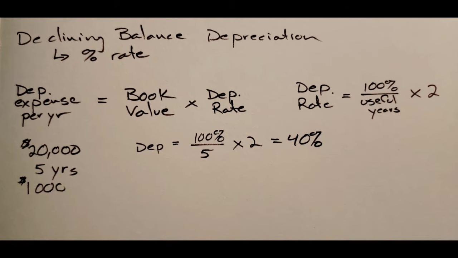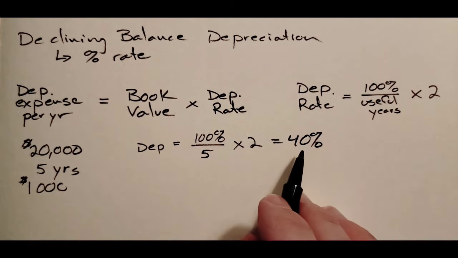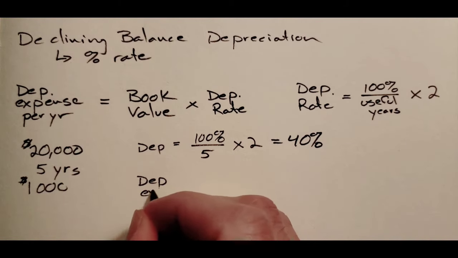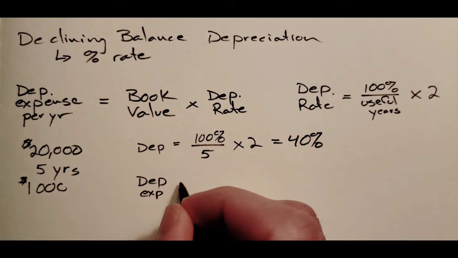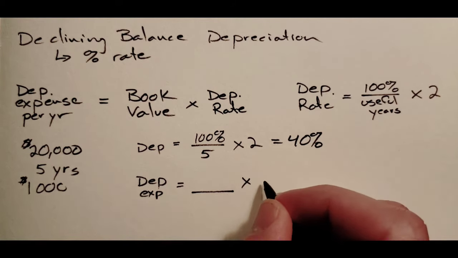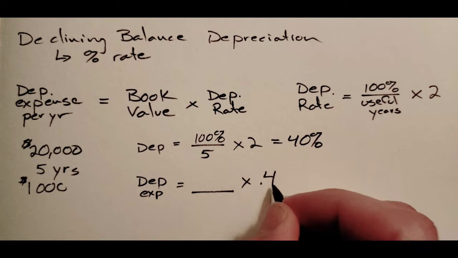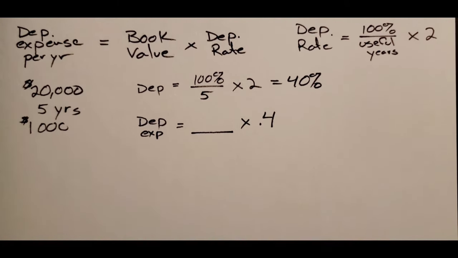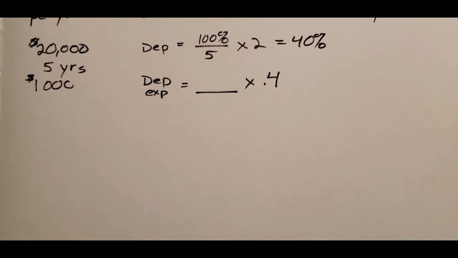Once we have this information, we go to the depreciation expense per year, and that's going to be your book value, whatever that is, times 40%, but 40% is going to be written as a decimal, so 0.4. So let's take a look at this example in action.